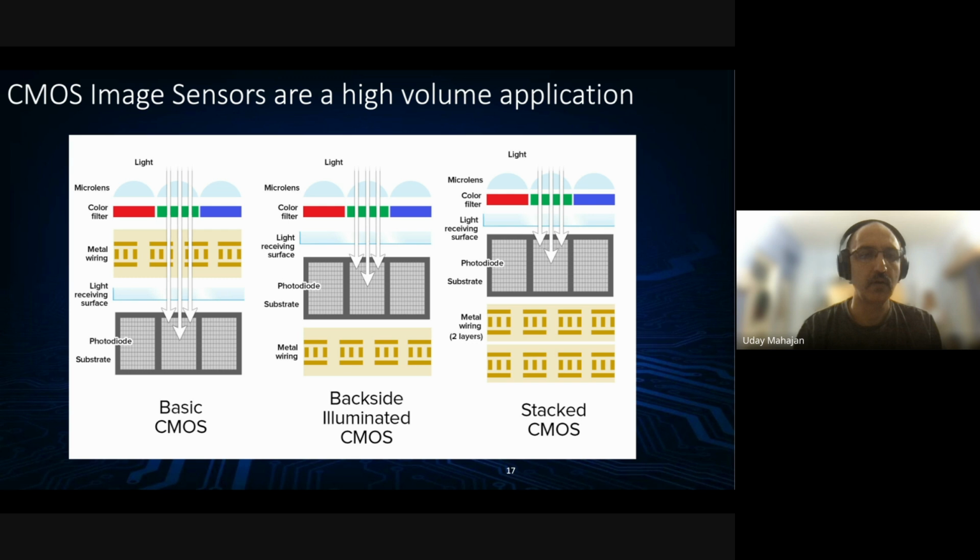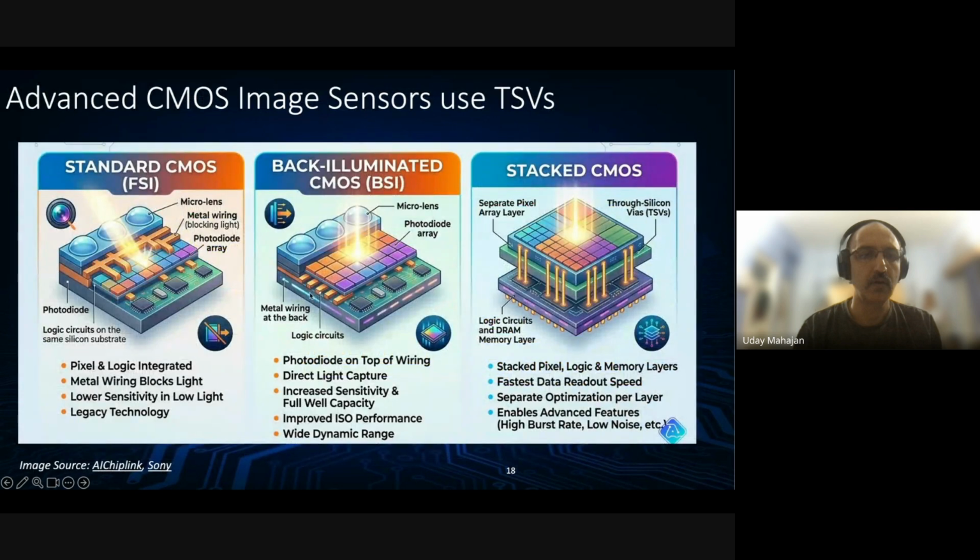And the next logical evolution from here was stacked CMOS, where essentially what you have is the pixel layer. In between, there's a memory layer, and then there's a logic layer. So it's essentially disaggregated image capture and post-processing onto separate wafers. And they were connected via TSVs. And the TSVs enabled much faster readout.